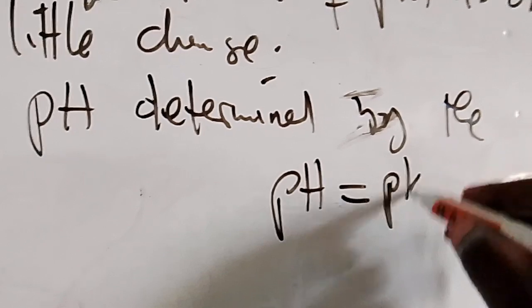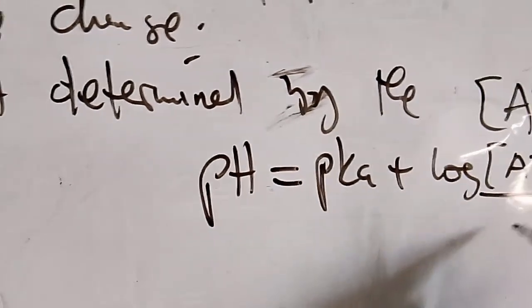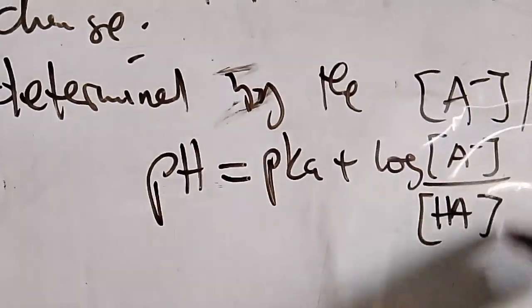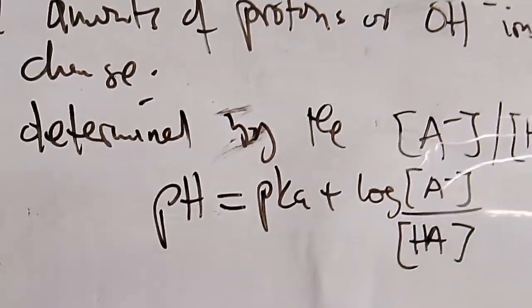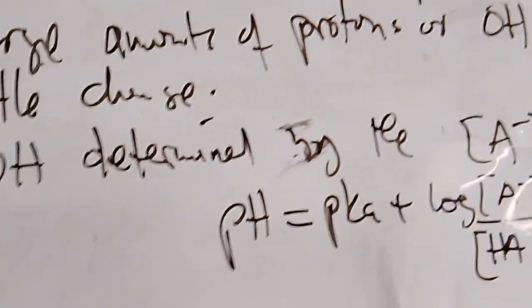Remember when we looked at the Henderson-Hasselbalch equation, base over acid. This ratio of the conjugate base and acid is the one that determines the pH of a buffered solution.